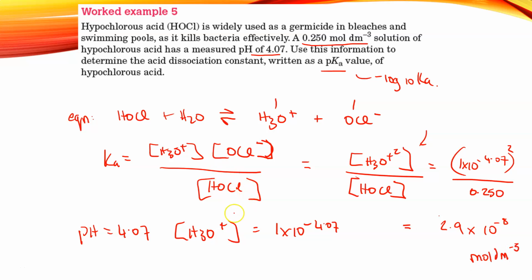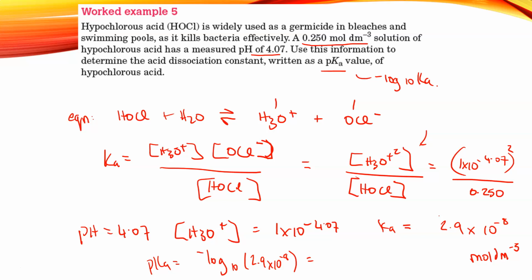Now that we have worked out our Ka, the question wanted us to find the pKa value. So pKa is equal to negative log to the base 10 of the Ka value. Again, we just plug that into our calculator.